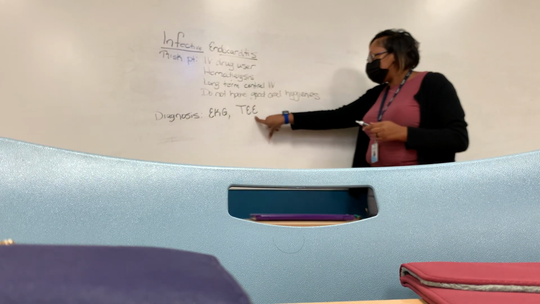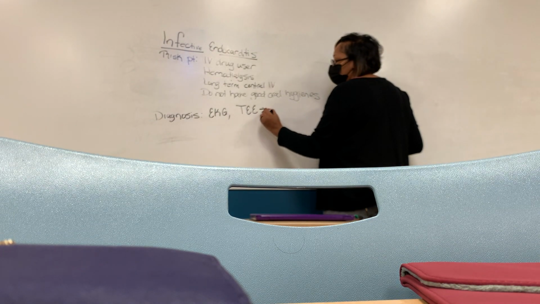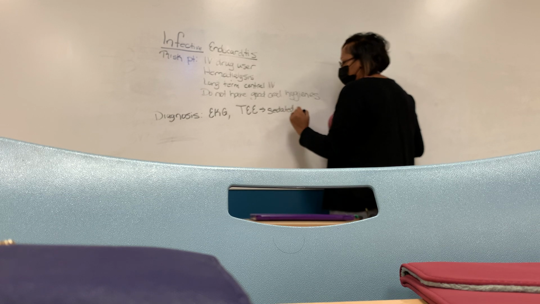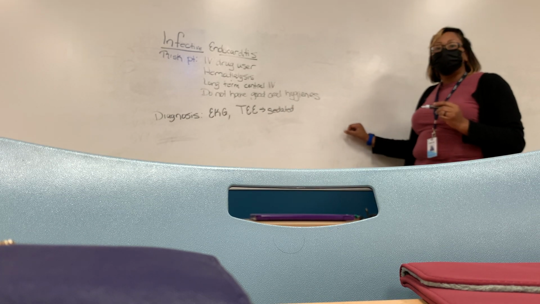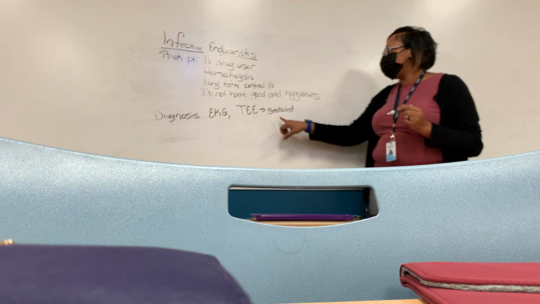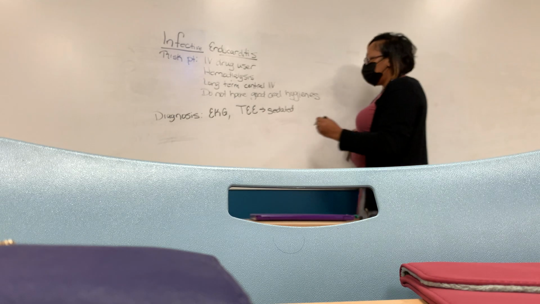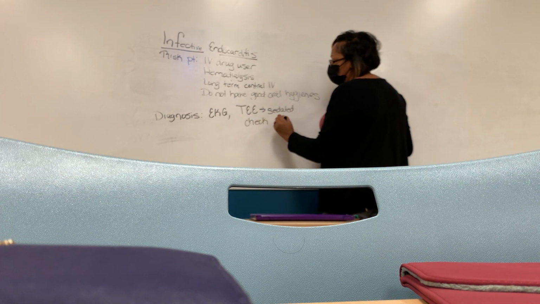With your TEE, this patient is going to be sedated. You have to have consents for them. When they come back to you from having a TEE and sedation, what is your big concern for these patients? Gag reflex. Yeah, check that the gag reflex has returned before giving them anything to eat or drink.